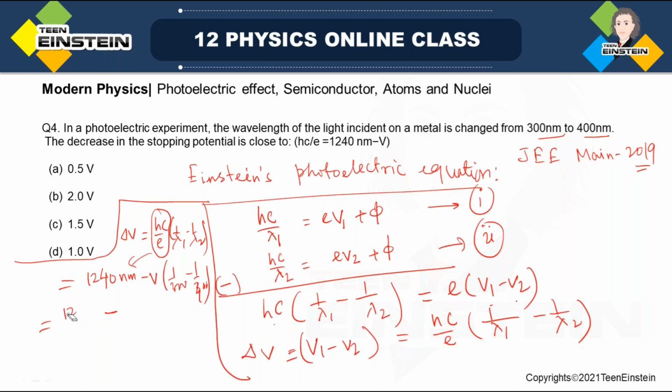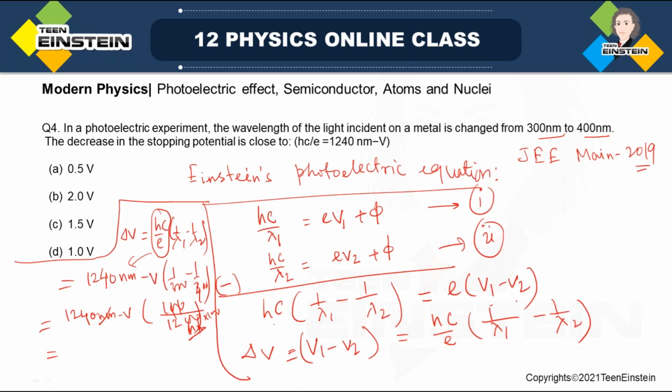Okay, let me just clean this question. Here 100 by this, and these are actually 1 over nanometer here. So nanometer will actually cancel. This 100 will be of nanometer. So here it was. Okay, so this will be 10 to the power 4 here.